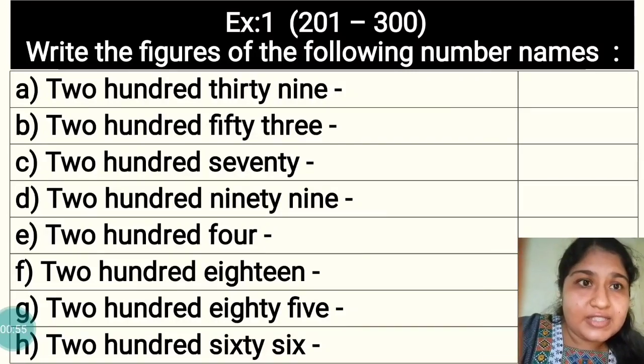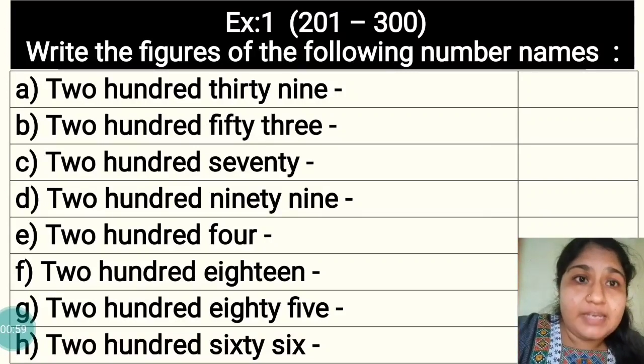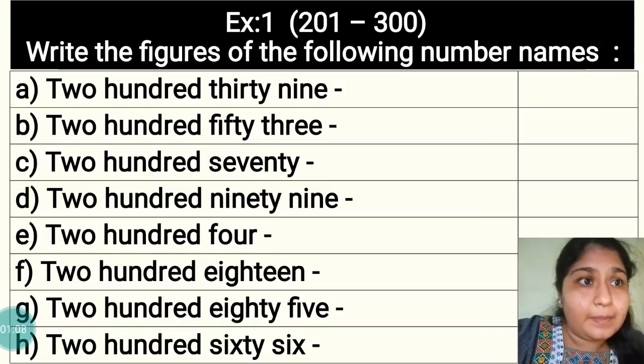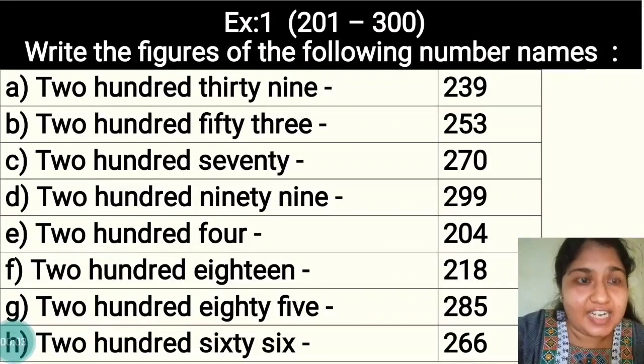So students, as you can see, here the number names are given that are coming between 201 to 300, and in this exercise we have to write down the figures. So students, let us write down the figures of these number names.